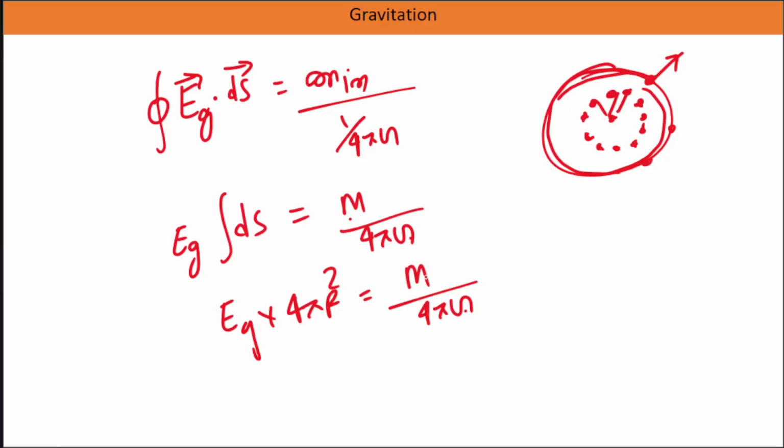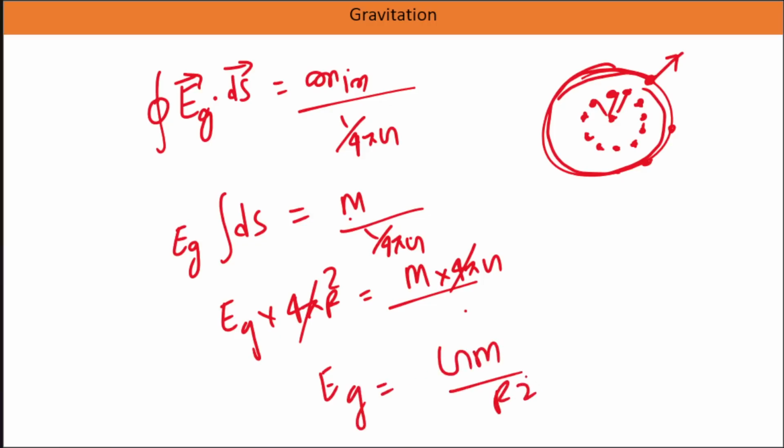So if you write from here, okay, it was 1 upon 4 pi g, right? Look, I made a mistake here. This was how much? 1 upon 4 pi g, right? So this will become 1 upon 4 pi g. So this will get cancelled and Eg will be equal to how much? Gm by r square.